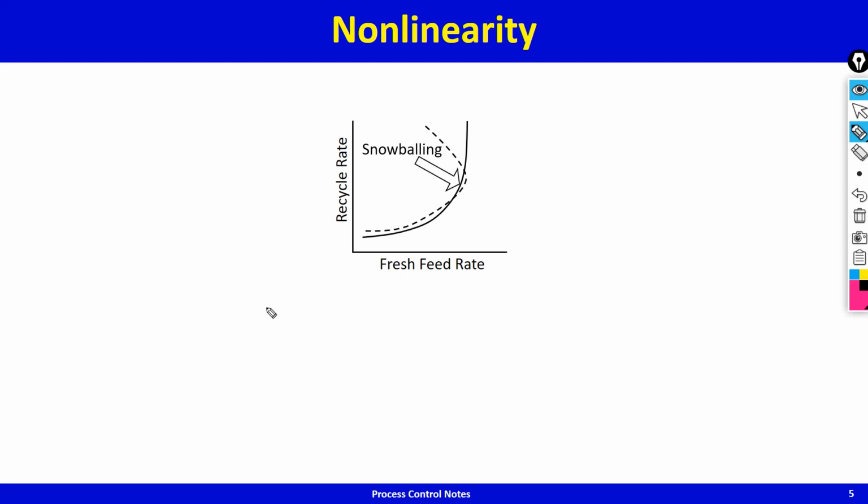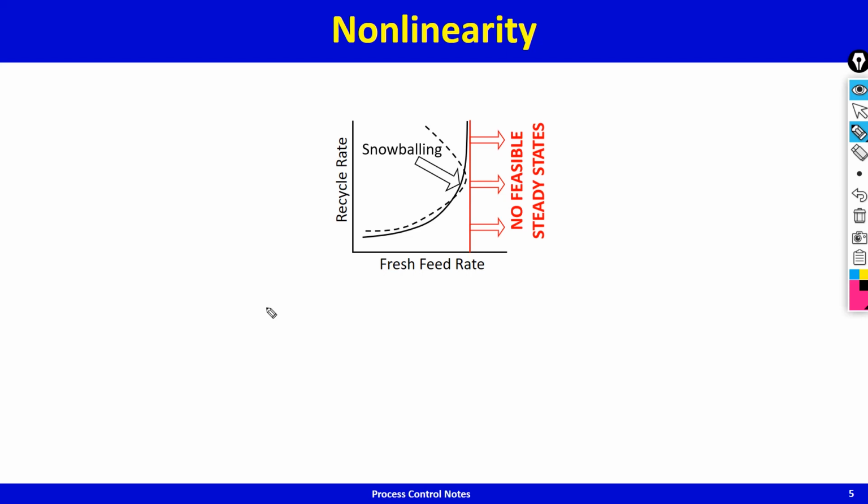That's the dashed curve right there. In both these cases, note that there are no feasible steady states beyond the maximum production rate. There is a maximum production rate, and there are no feasible steady states beyond it.